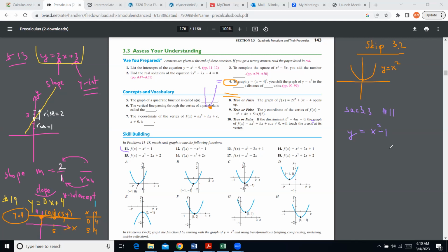minus 1. Well, it looks like this parabola x squared is now going to be moved down by 1 unit, right? So x squared minus 1 looks somehow like that. It's a parabola that is shifted downwards by 1 because you're subtracting 1 from this whole thing.